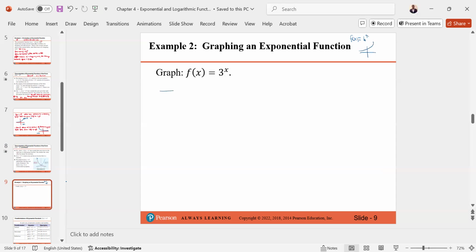I can construct with many points, but I'm going to take only 3 points, -1, 0, and 1. Taking larger numbers is going to make it too big. For example, 3 power -1 is 1/3, so we have a first point, (-1, 1/3). 3 power 0 is 1, so we have a second point, (0, 1). 3 power 1 is 3.